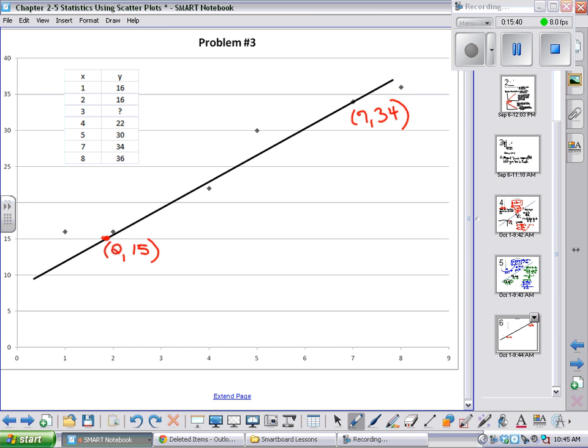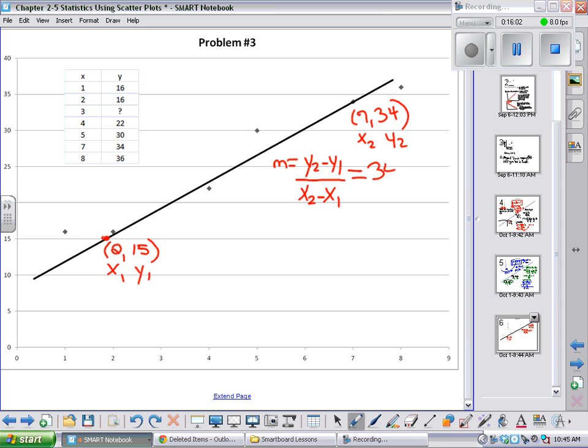Same process, find my slope. Oops. M equals y2 minus y1 over x2 minus x1. So x1, y1, x2, y2.